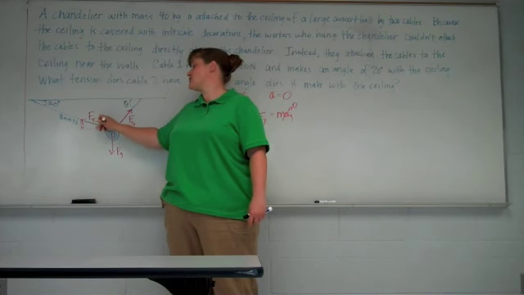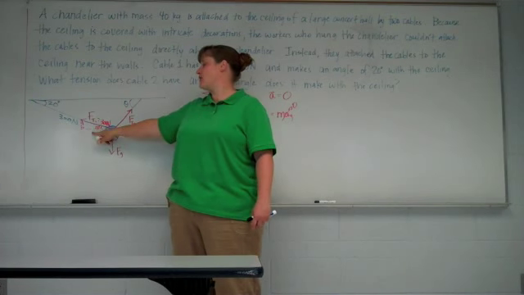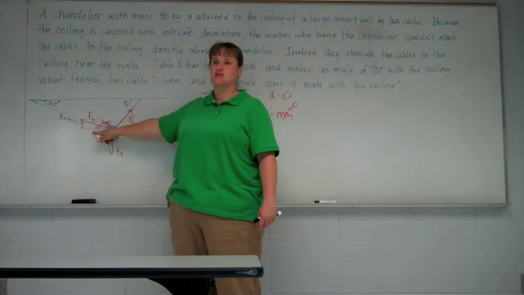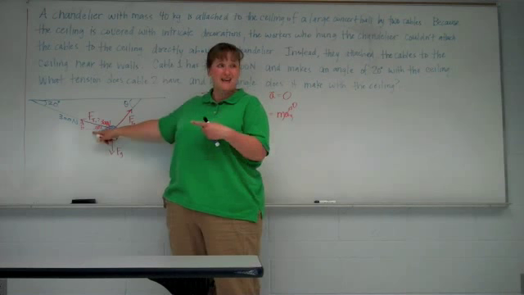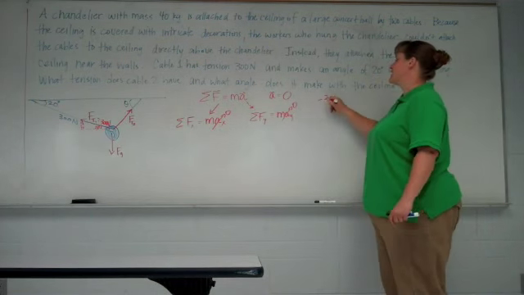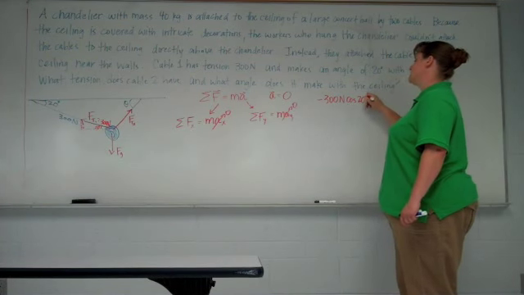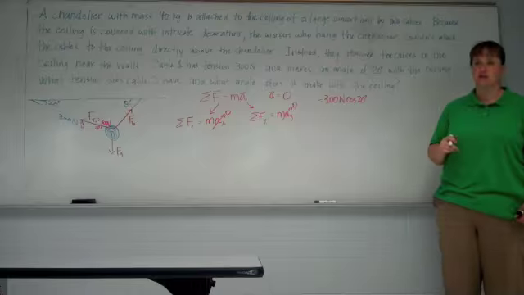Force of tension is 300 newtons. So this x component will be 300 newtons times the cosine of 20. It'll be negative because it's pulling to the left. So we have negative 300 newtons times the cosine of 20 degrees as the x component of force of tension 1.